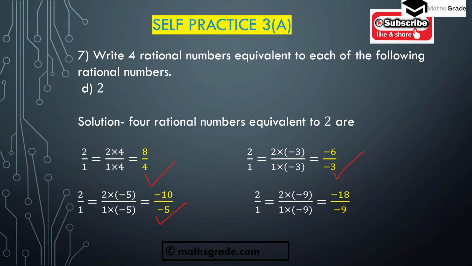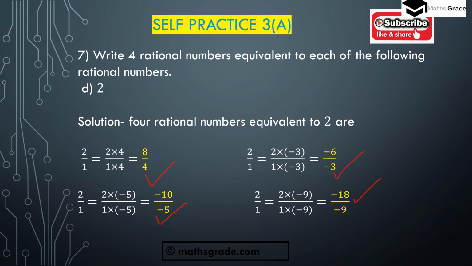If we multiply the number minus 9 with both numerator and denominator of 2 divided by 1, we get 2 multiplied by minus 9 is minus 18, and 1 multiplied by minus 9 is minus 9.